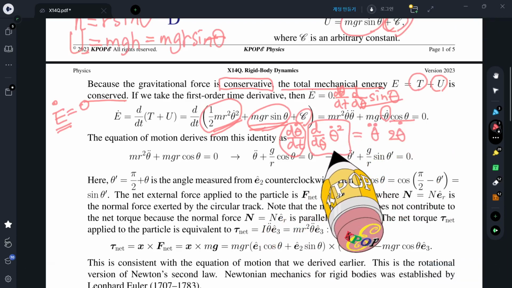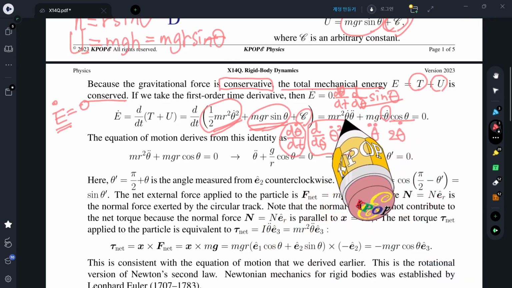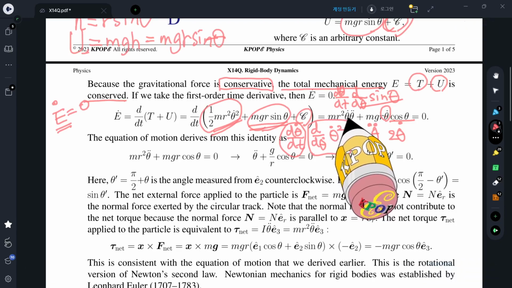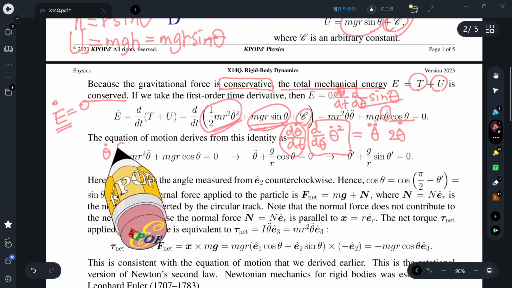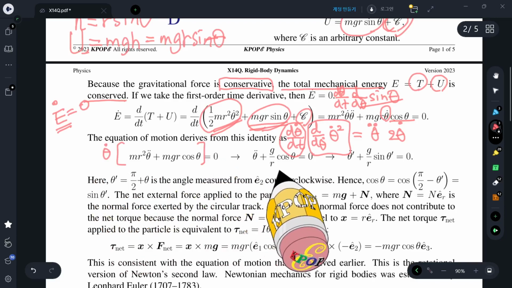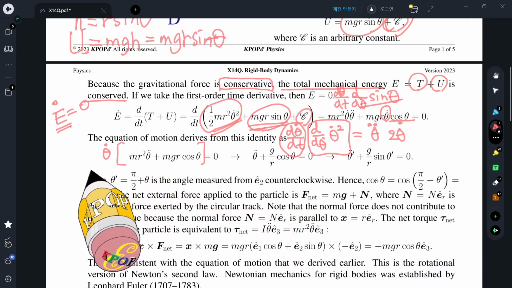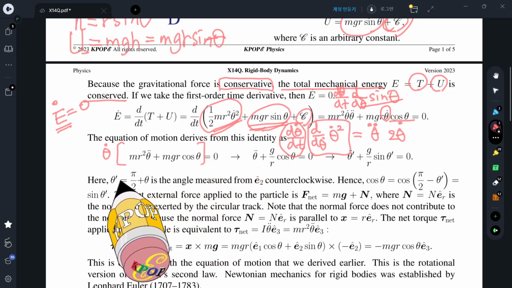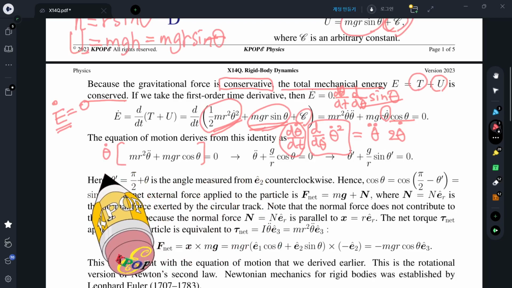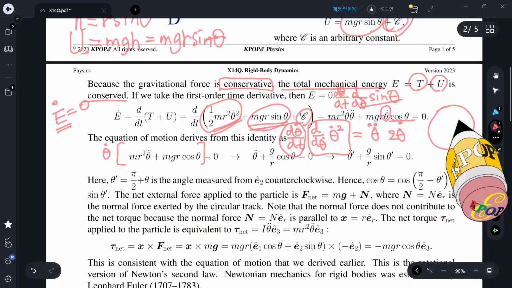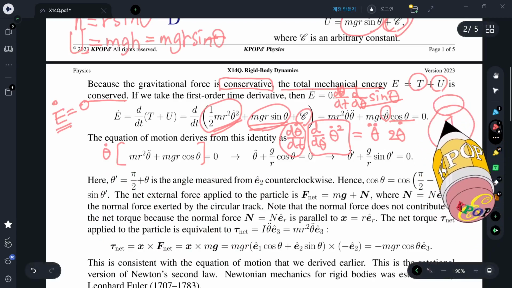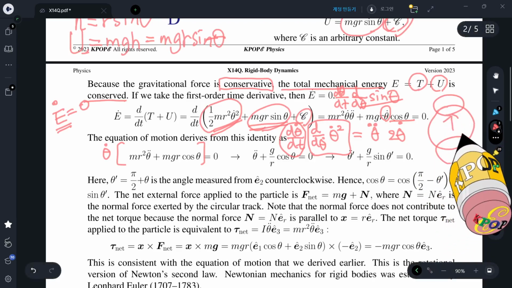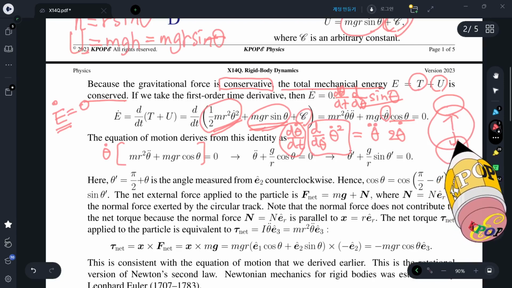Now we find that theta dot appears twice. We factor this theta dot out. Then theta dot is here, the factorized one. For this equation to be true for any theta dot, we remember theta dot decreases as it rises up, increases as it goes down.